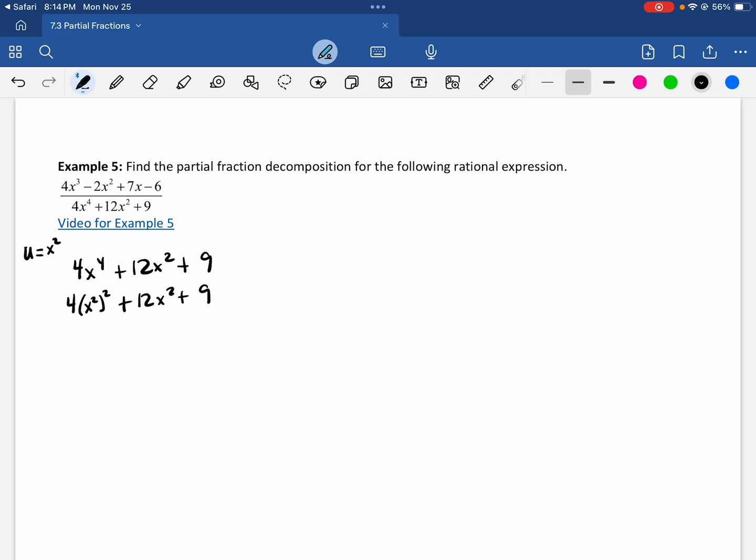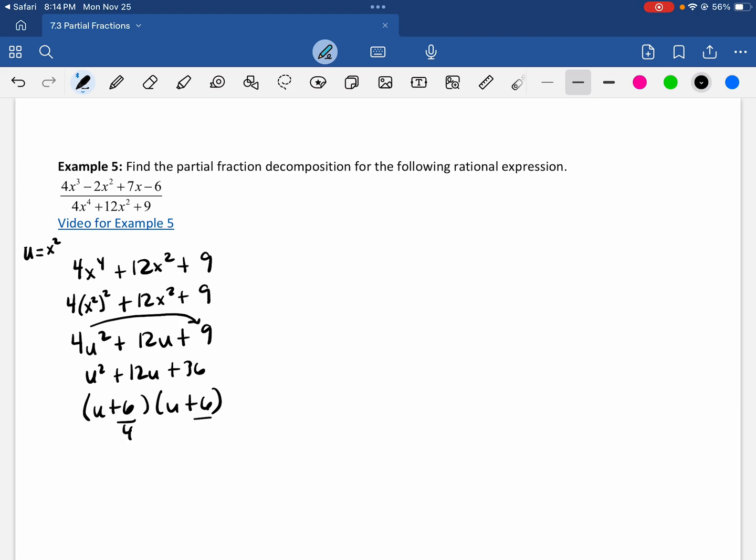So if I put a u in place of those x squareds that I see, you notice that that gives me something that I could factor, like slide and divide. So it's going to be u squared plus 12u plus 36. So I need, what can I multiply together that gives me 36 and add to get 12? I believe that's 6 and 6. Then I have to divide both of those by 4, which was my leading coefficient.